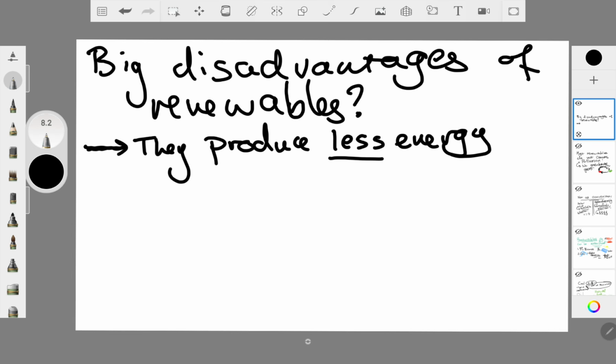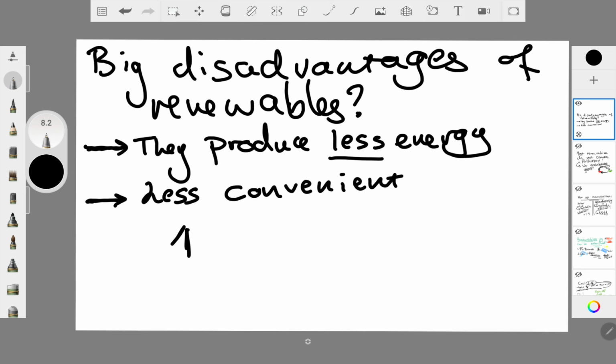Burning fossil fuels makes a lot of energy. We're used to that amount of energy now. So if we suddenly stopped using fossil fuels, it wouldn't meet our energy needs to just use renewables. Okay? Number two, they are less convenient. Yeah? They are less convenient because they take more time to build or process.